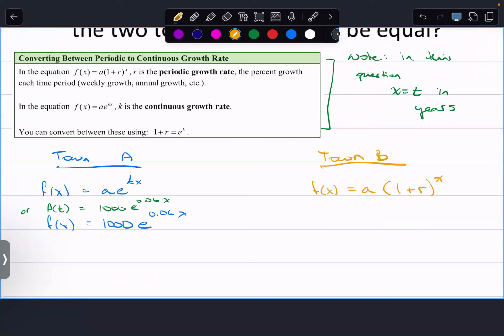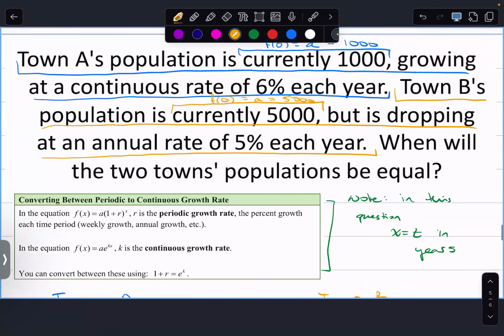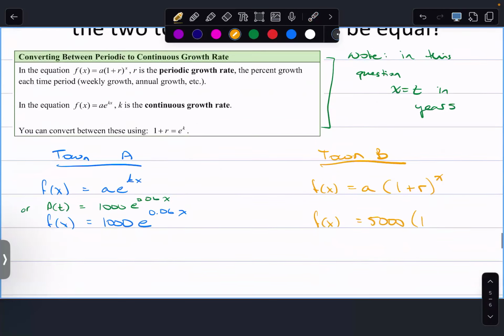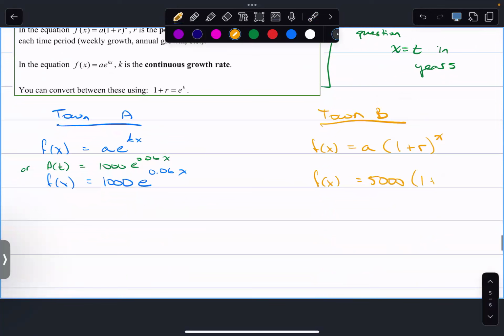We said that a was 5,000, and it's dropping at a rate of 5% each year, which means the rate is negative 0.05. So r is negative 0.05. So plus negative 0.05. If you want to go straight to minus, that's fine too, to the power of x.